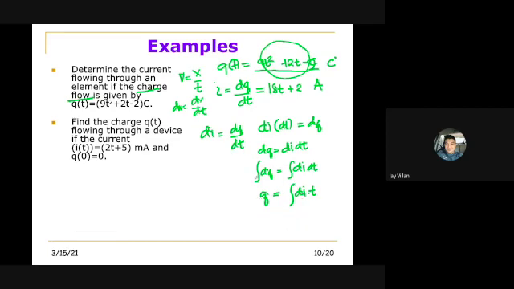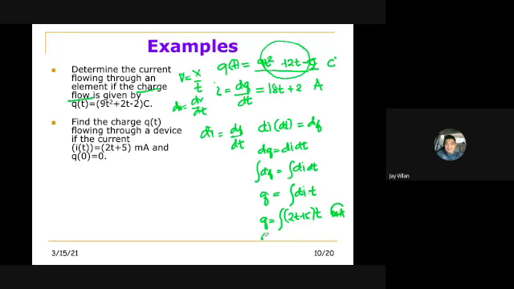Therefore, to answer this, we just plug in the equation of the current. Q is equal to the integral of 2t plus 5 times dt.